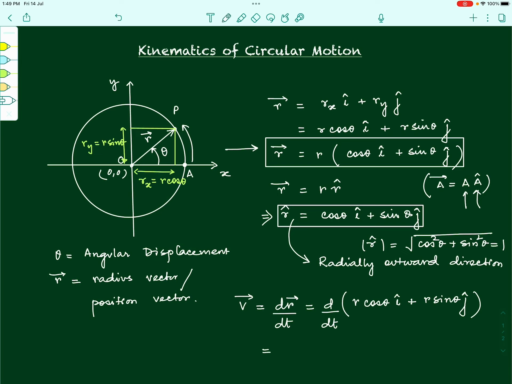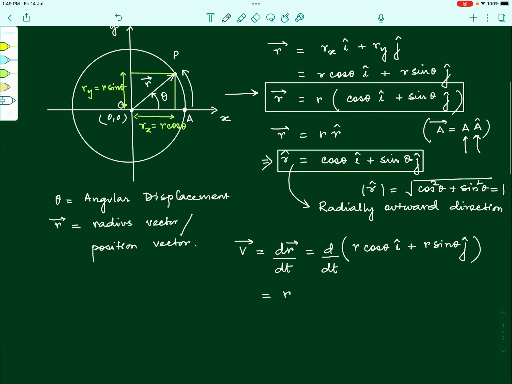So we can take the constant r outside and we are essentially supposed to differentiate the term theta, but with respect to time. See that the variable with respect to which we differentiate is different from the variable which is being differentiated, theta. So what do we do in that case? The differentiation of cos theta will be minus sin theta, we shall write that. But along with that, since we are differentiating with respect to t and not theta, we have an extra term of d theta by dt coming in.